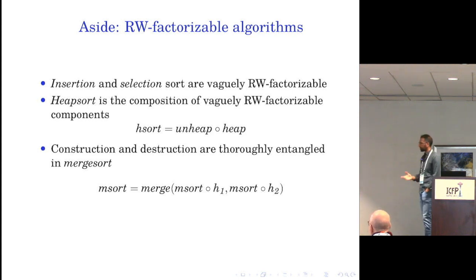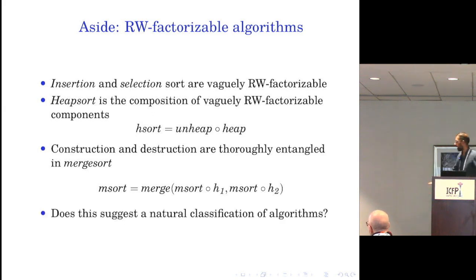And I think that construction and destruction are hopelessly entangled in merge sort. And so I just wanted to air this out as, does this suggest, is this a profitable way to think about algorithms?